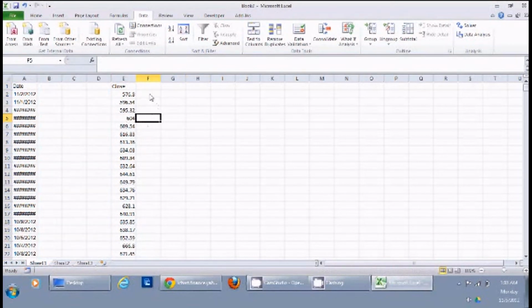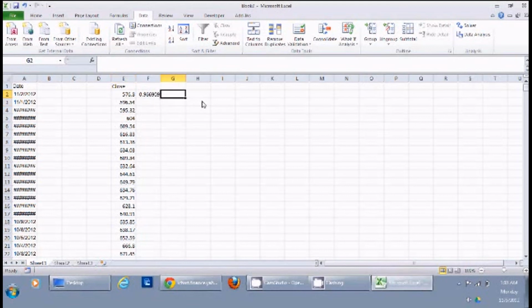And now what I can do is calculate the percentage change in the stock value every day. For that I will divide the present value by the value from the last day, and that will give me 0.966. So the value of the stock remained 96.6% on November 2nd as compared to November 1st.